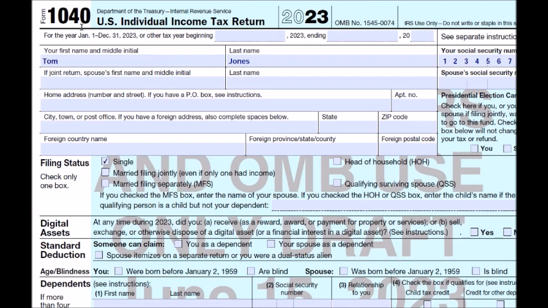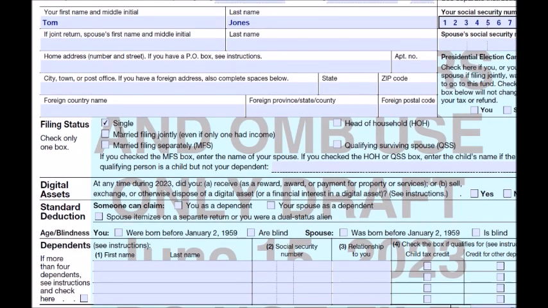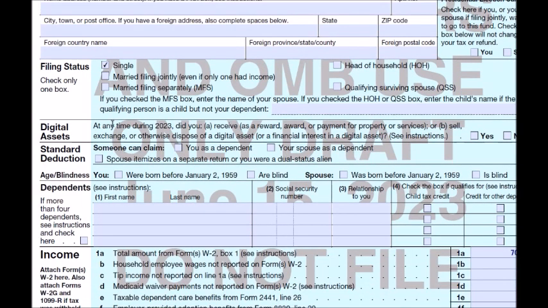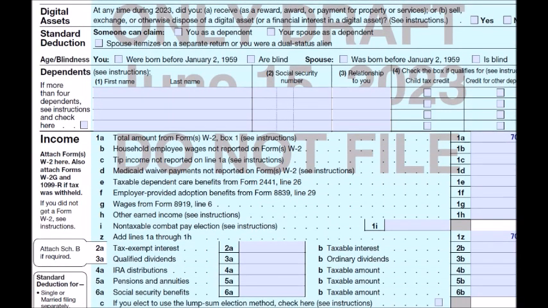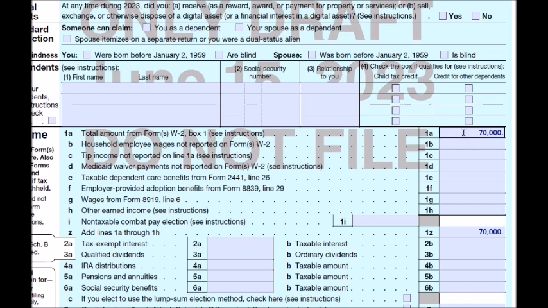So here we have form 1040 for 2023. So here we have first name, last name, social security number, filing status, single, and for this single filer, we have income of $70,000 from the W-2 form.